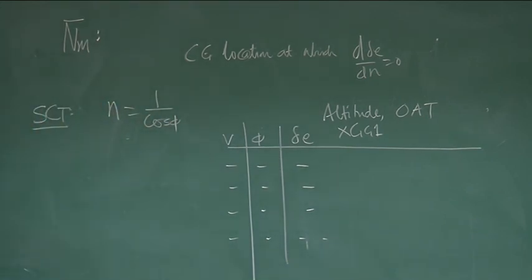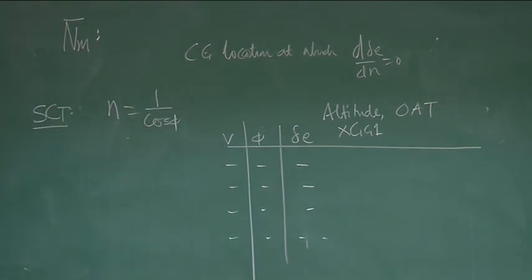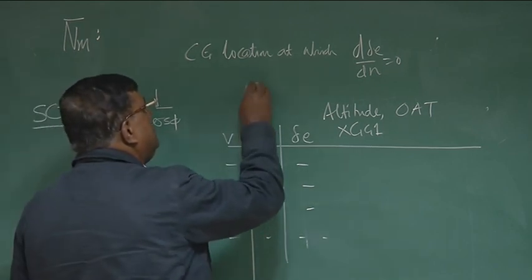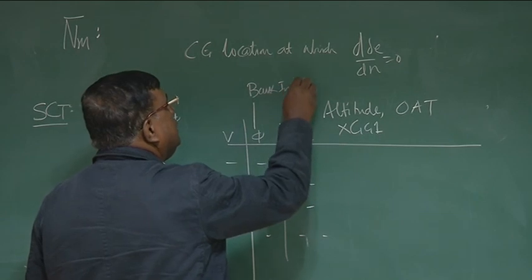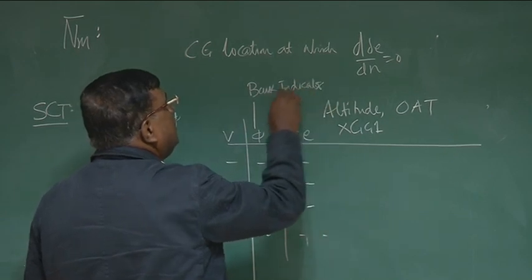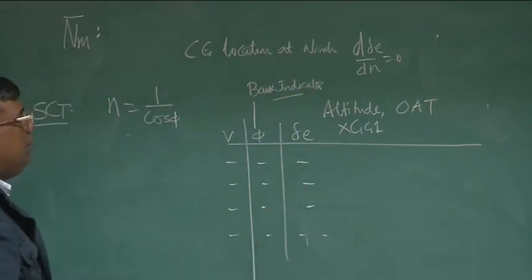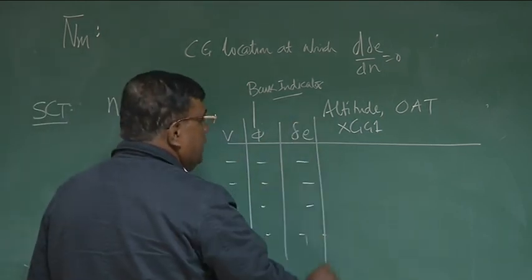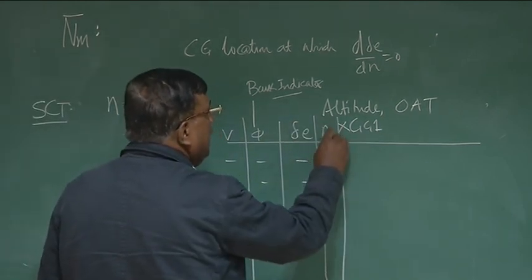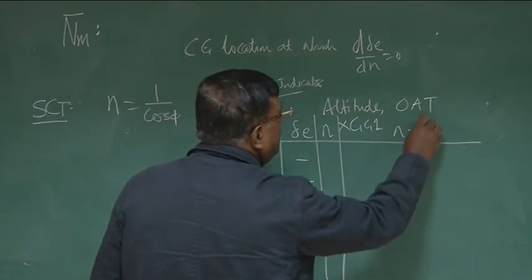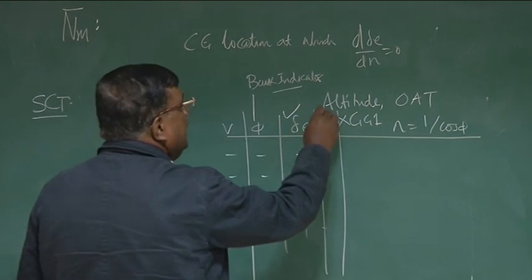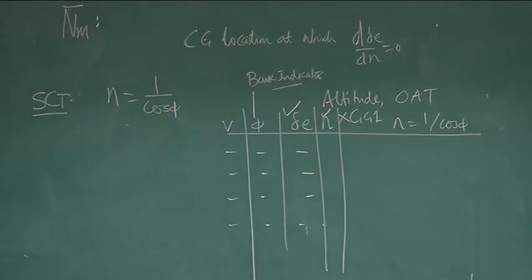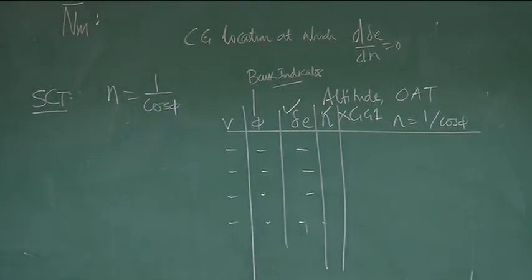Clear? So how do you get phi? Phi you get from the bank indicator. Bank indicator is there in the cockpit. By knowing phi, immediately you can calculate what is n, because n is equal to 1 by cos of phi. So now you have delta E, you have n for a given xCg1 location, right?